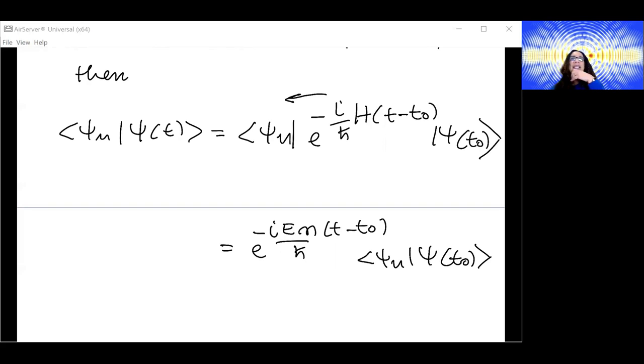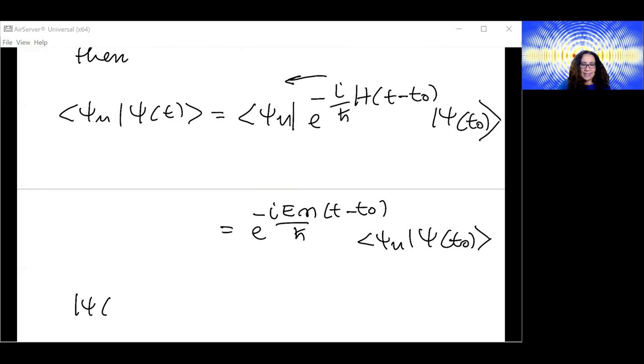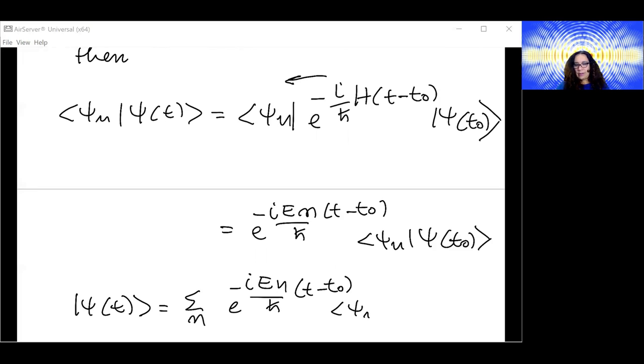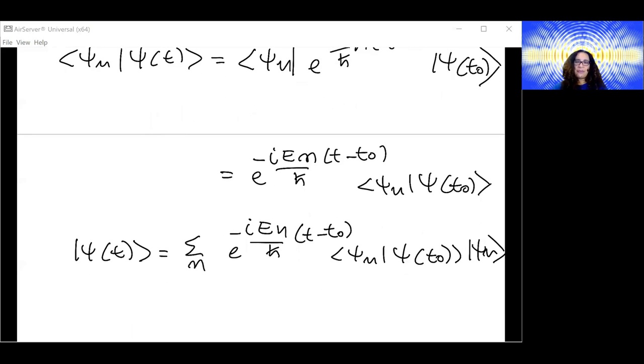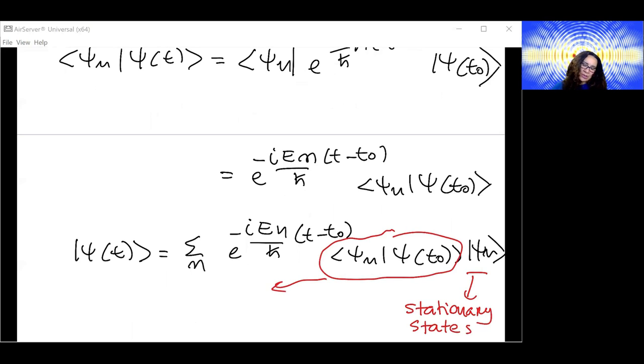And if we insert this back, we're going to find that ψ(t) can be written as a sum over n of e^{-i En (t-t0)/ħ} ⟨ψn|ψ(t0)⟩ ψn, so we are writing this in terms of stationary states, and a key advantage is that this expression here is going to be time independent, so it's going to remain the same forever.